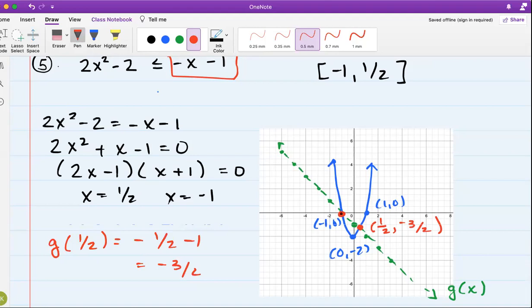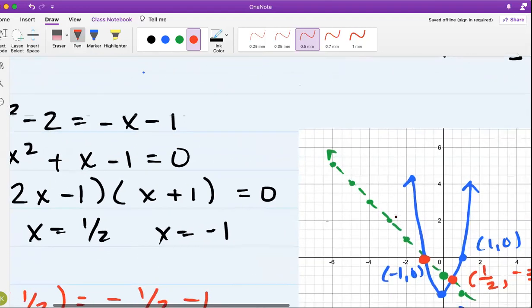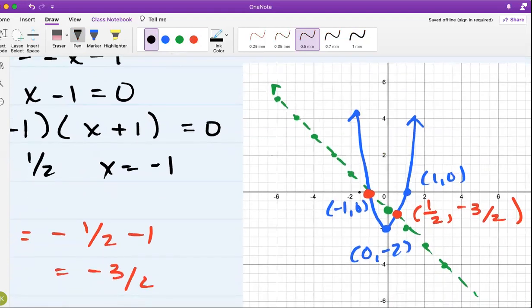And you can see that when x is between negative 1 and 1/2, so between these two x values, you're either sitting on this green line when you graph it on the parabola, or you're underneath the green line.